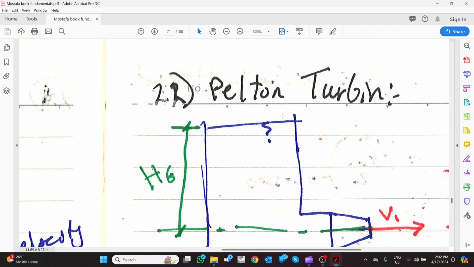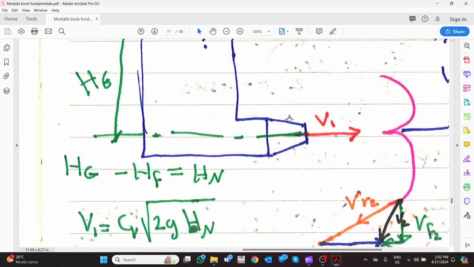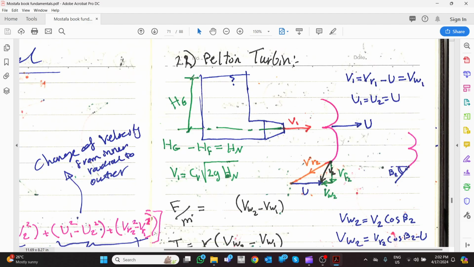Okay, there is another point, just a recall, it is not a big deal, but a recall that if we know the height here and we know there is a V, so an H friction is going to be lost here. So the net head, which is reaching till here, is the hydraulic head or the gross head minus the friction itself.